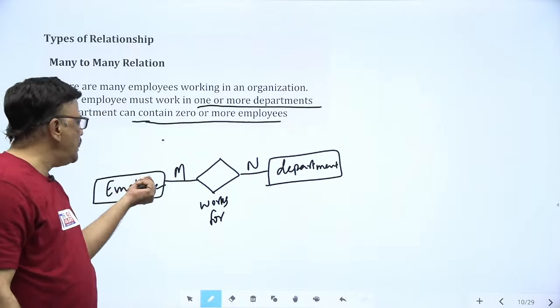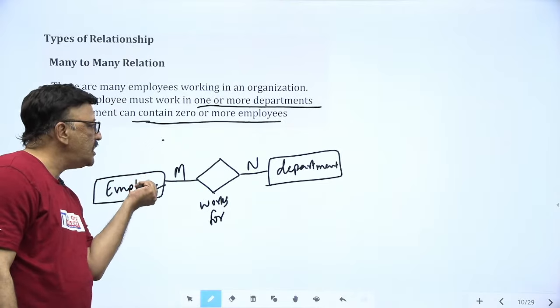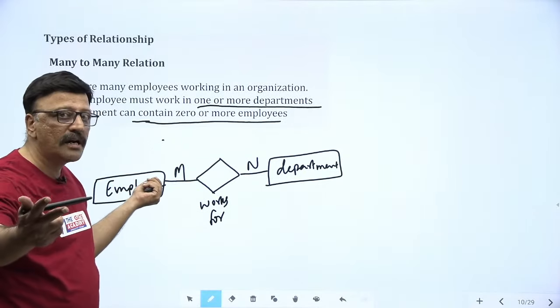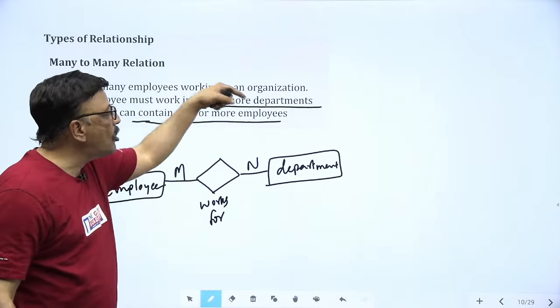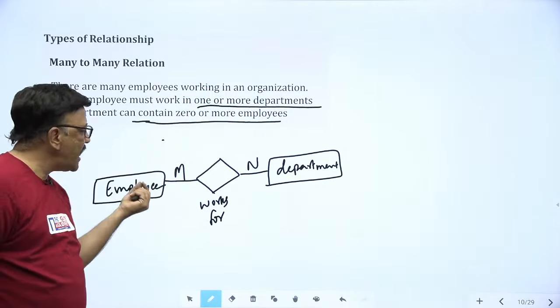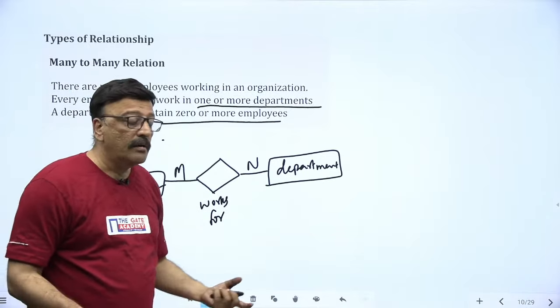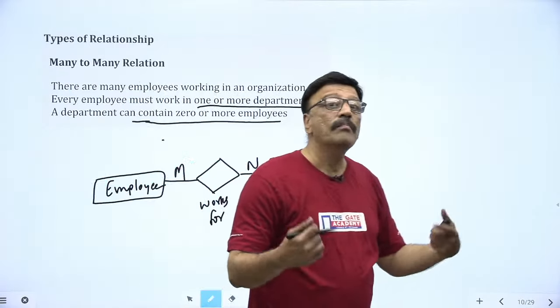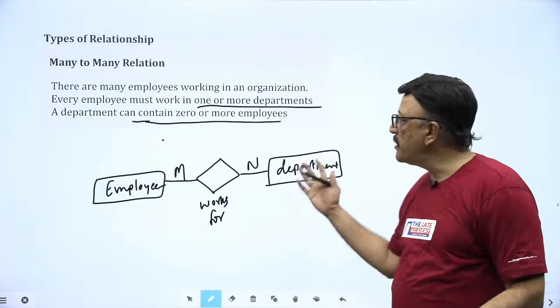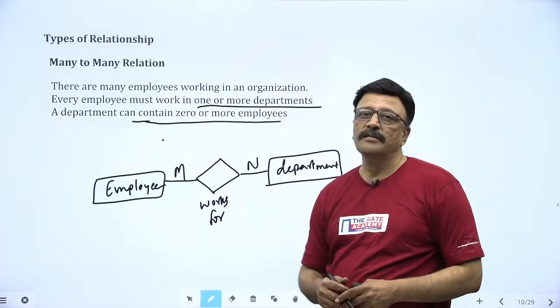Each employee over here may be working for many departments. There can be some employee who works for only one department, fine. But there are employees who work for multiple departments, and a department can have multiple employees.